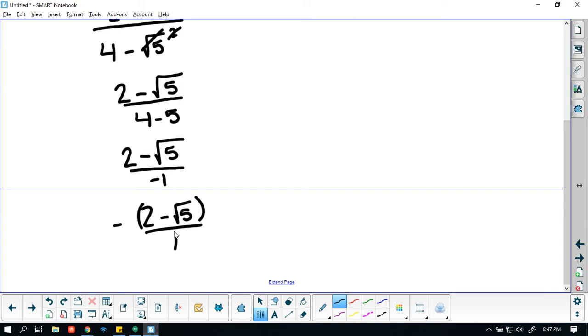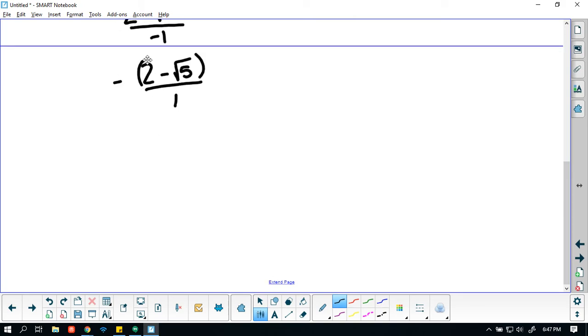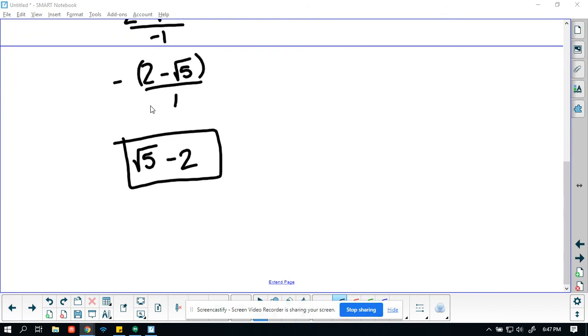Anything divided by 1 is itself. So I'm going to distribute that negative, and I'm left with root 5 minus 2. And this is my final answer. I don't even have a denominator anymore. When we rationalized that denominator, we got rid of the denominator. So now we have root 5 minus 2.